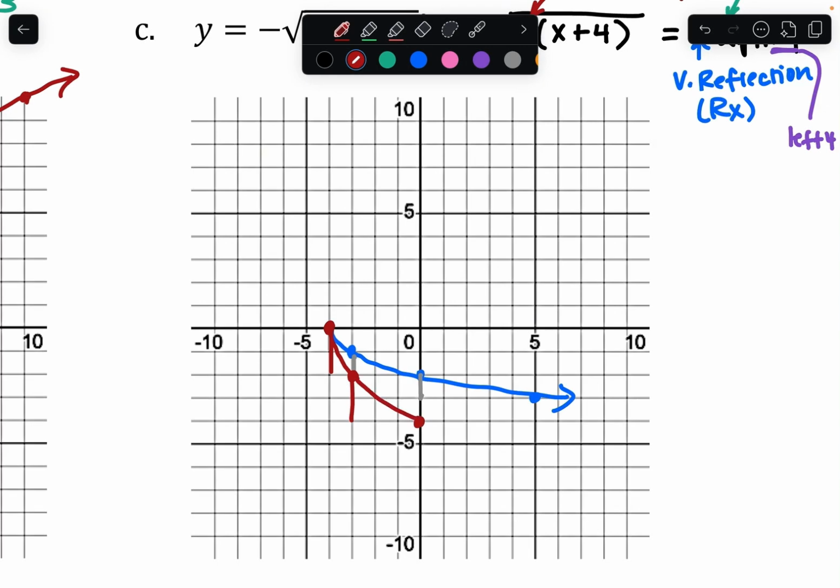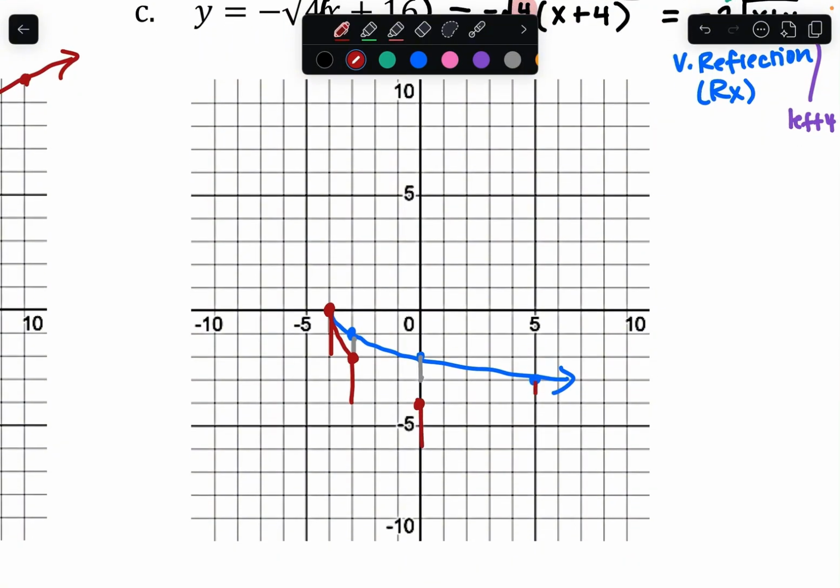And then up 2 more to get to my last point. So remember, the starting point stays where it's at, and then we just stretch all the y values to be 2 instead of 1.